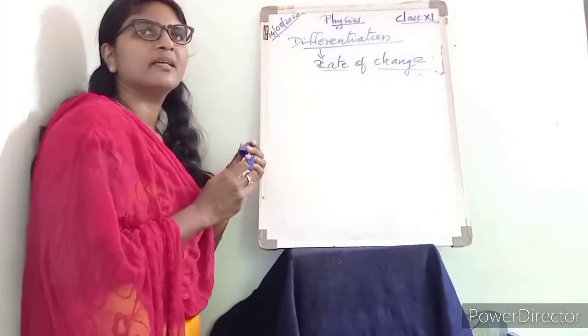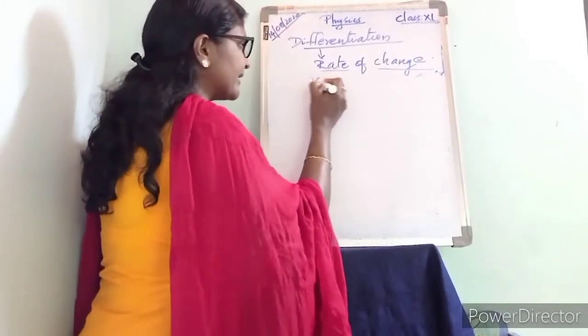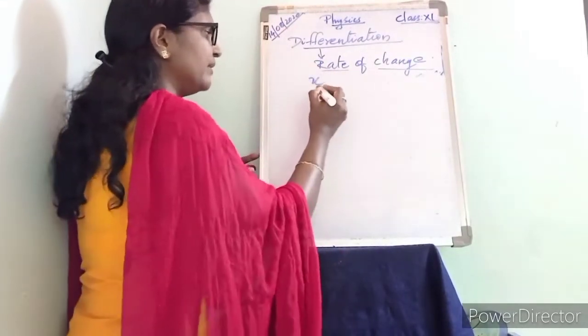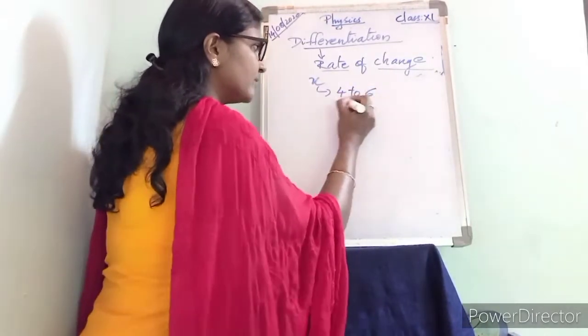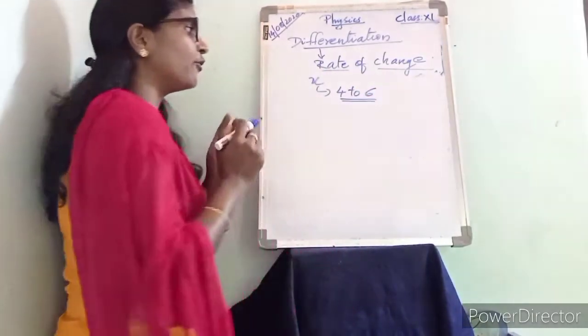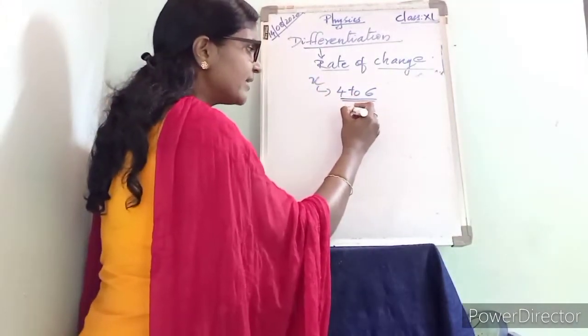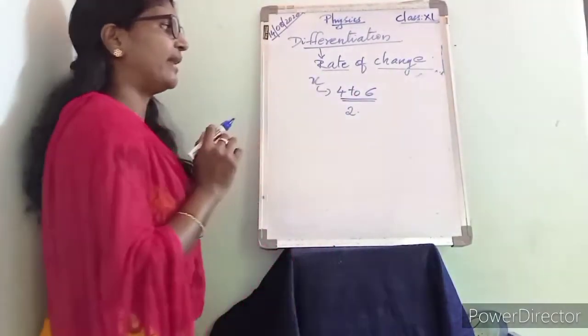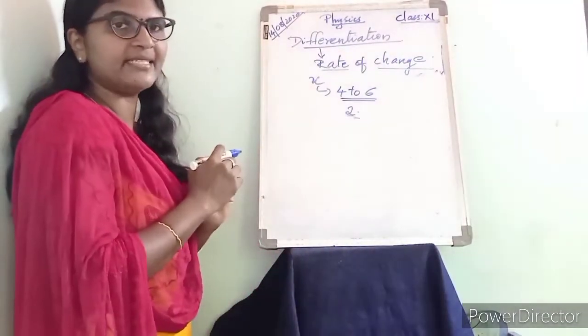Let us consider an example. Suppose the variable x varies from 4 to 6. What is the change here? It is 2. Is it a big change or a small change?